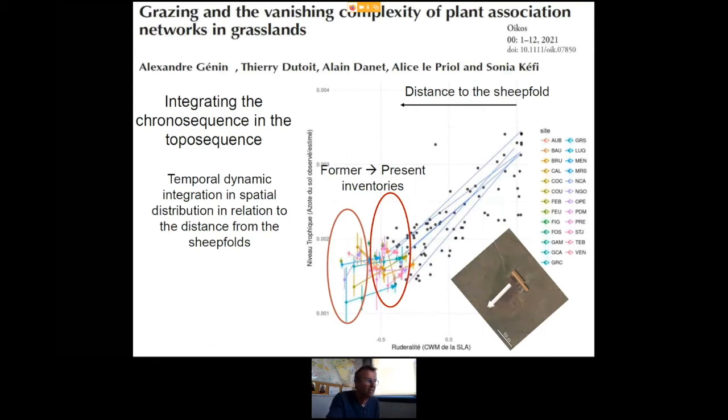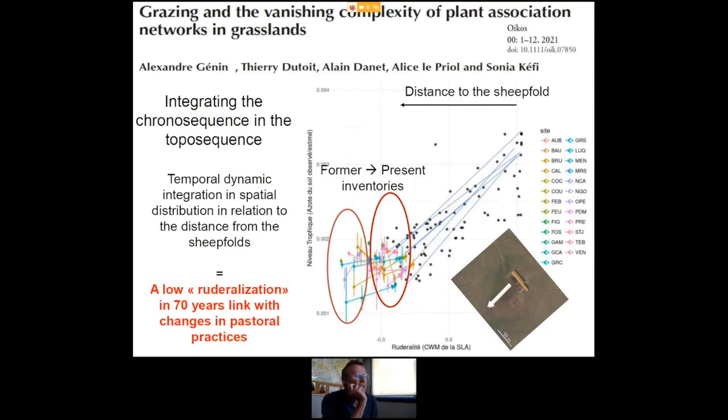So it means clearly that our changes are not climatic change. It's not only nitrogen deposition, but because of the integration of our recent data in this gradient, it is due to pastoral change.